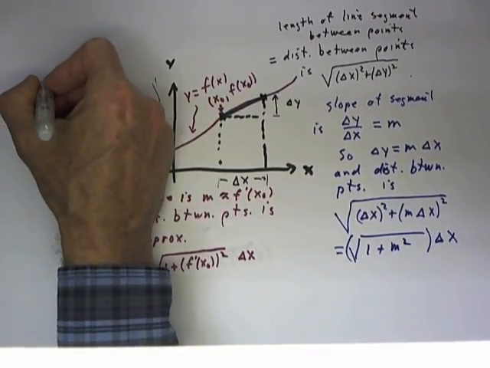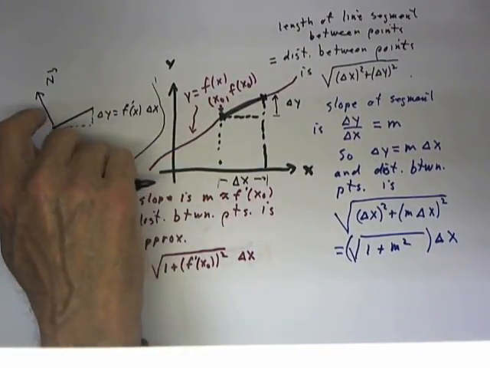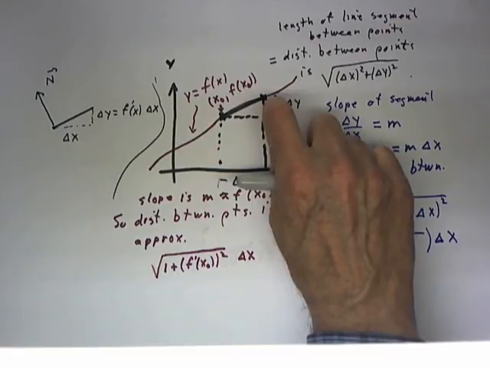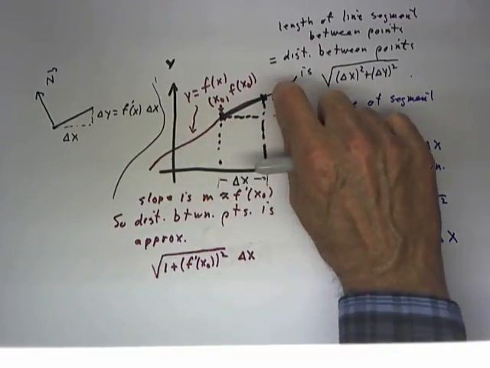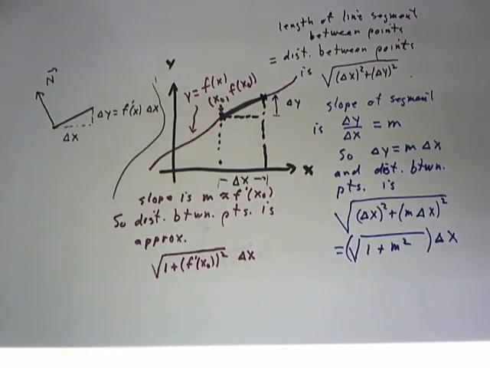That is, it's what we're going to call a normal vector. And this is going to be our connection between arc length on a function of one variable and surface area on a function of two variables.